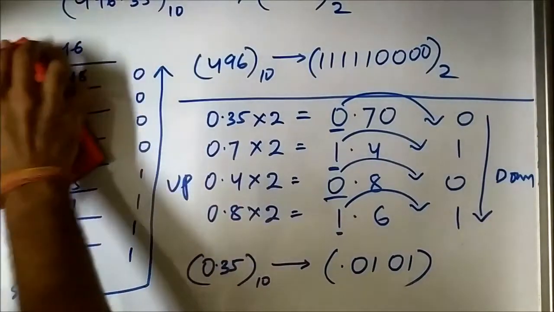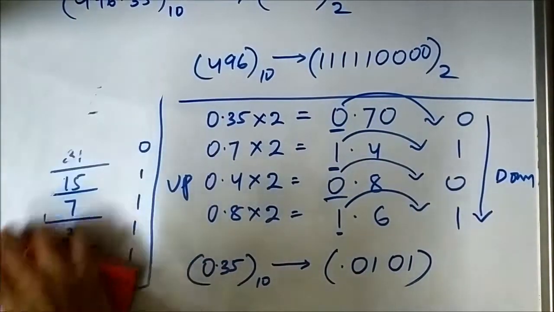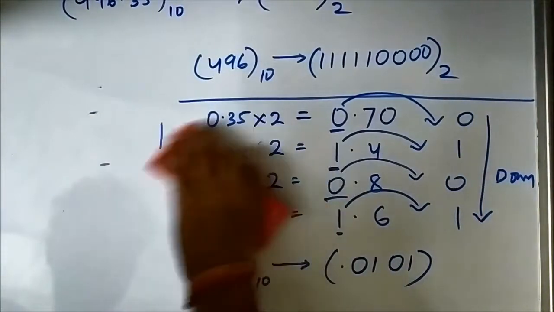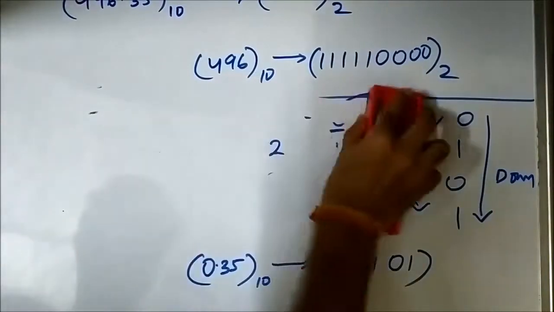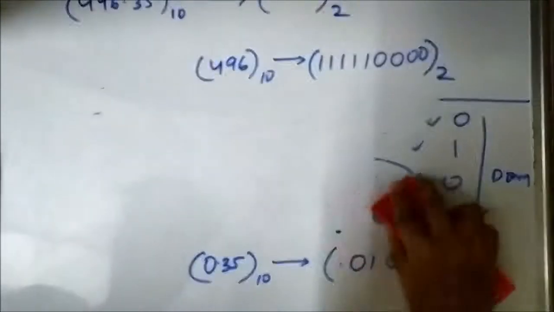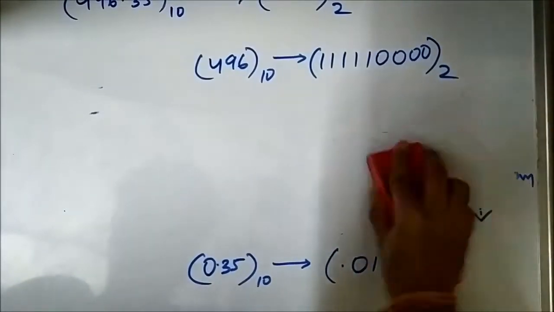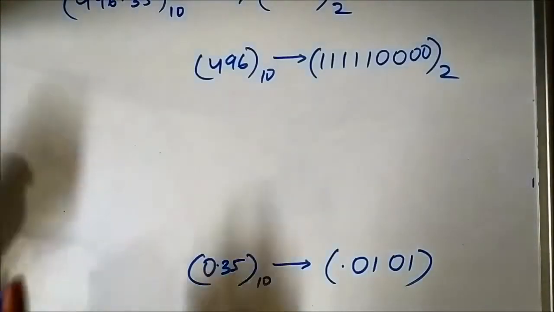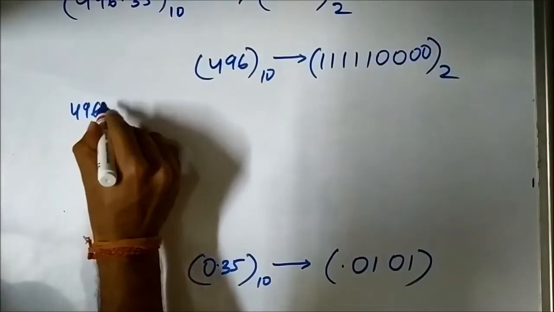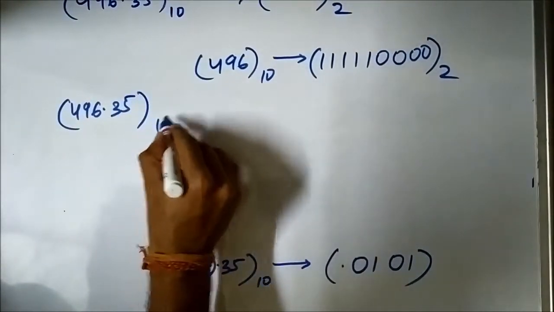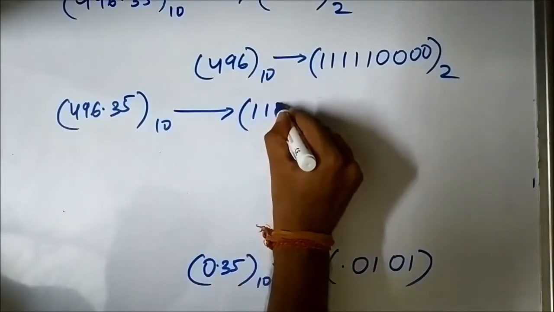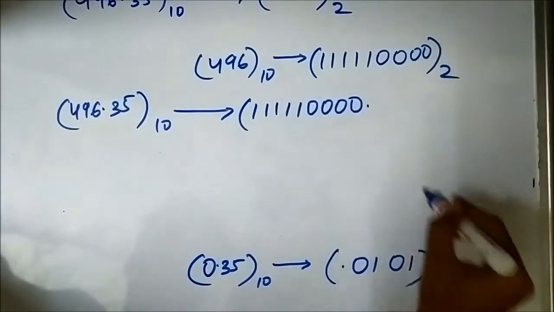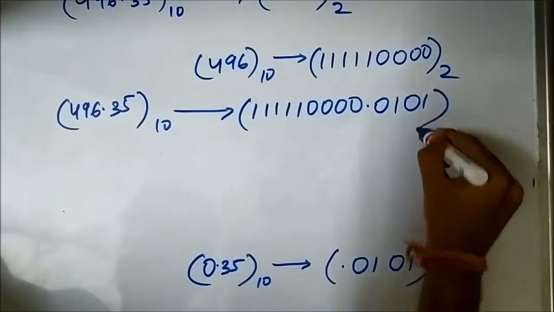So 496.35 in decimal form can be written as 1111000.0101 in binary form.